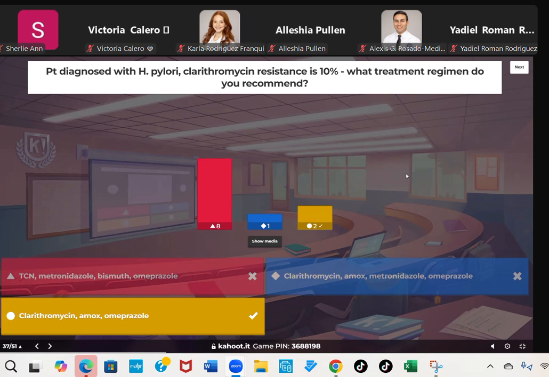Wouldn't you rather take 3 agents twice a day versus 4 agents 3 to 4 times a day? So this is a kind of a best choice because they're all acceptable answers, because nothing is ruled out by this case. But the best choice would be the one with 3 agents. There won't be a question like that on the test because there'll always be a clear answer.